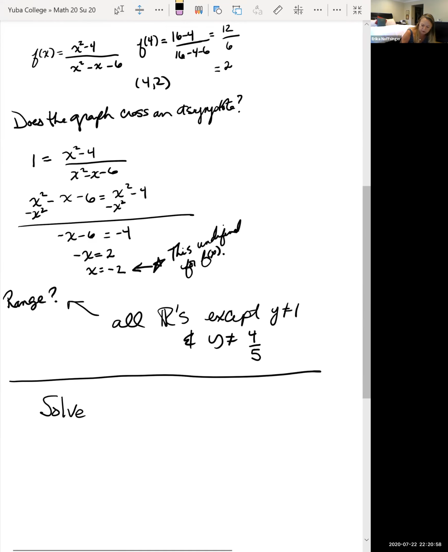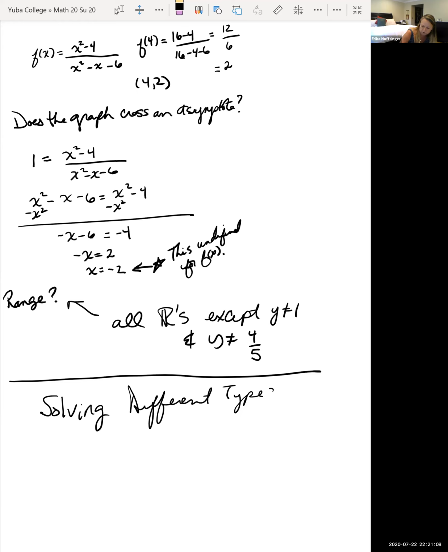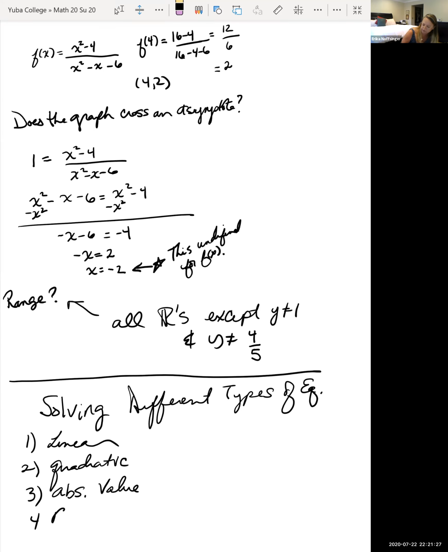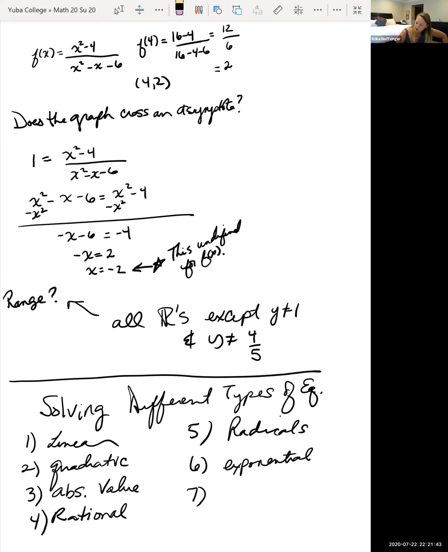So linear, quadratic, absolute value, rational, ones with radicals, exponential, logs.